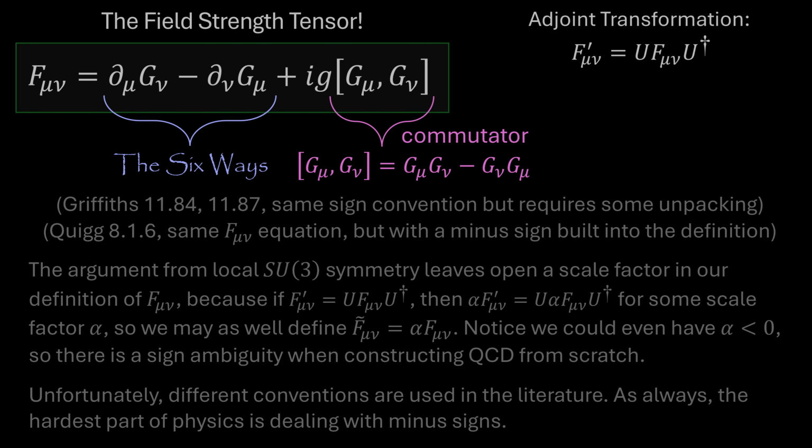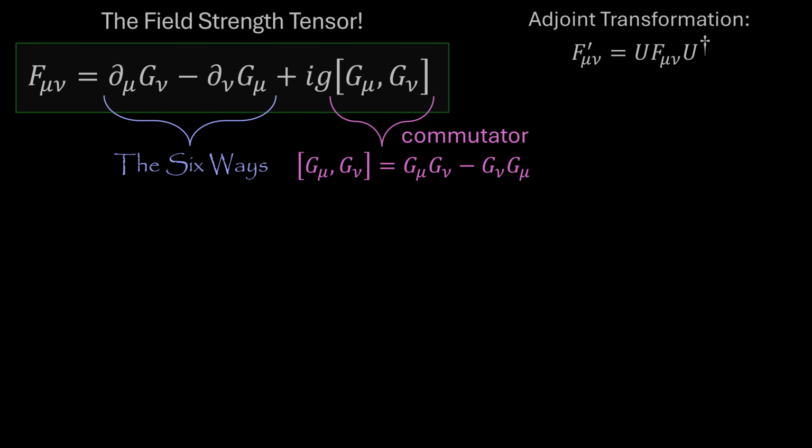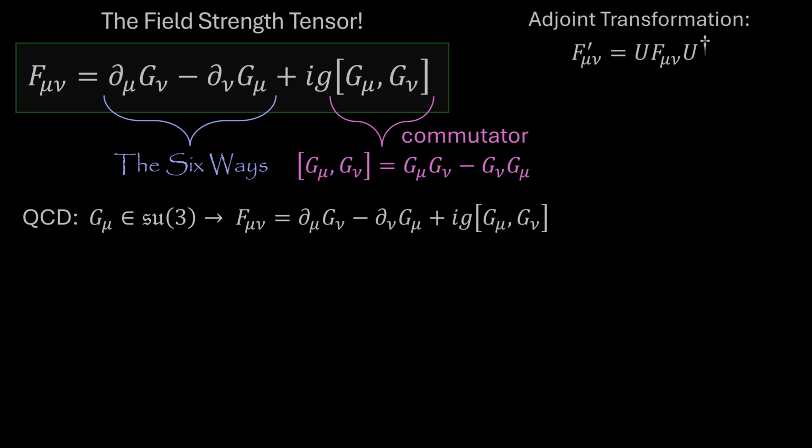Oh, while we're here, there's something I need to point out about the connection between quantum chromodynamics and quantum electrodynamics. So in quantum chromodynamics, our gauge field G mu lives in SU(3). And as we've seen, the field strength tensor has the following form. Now in electrodynamics, the 4-potential has real-valued components, and so those live in the Lie algebra of U(1).